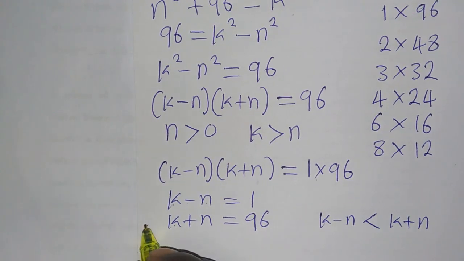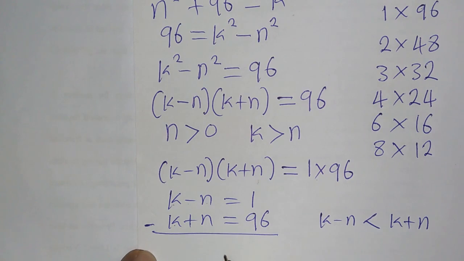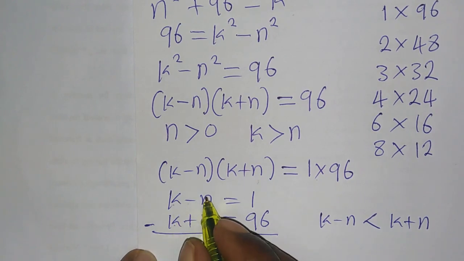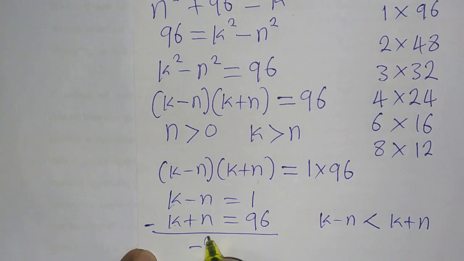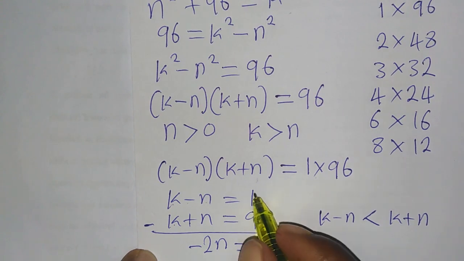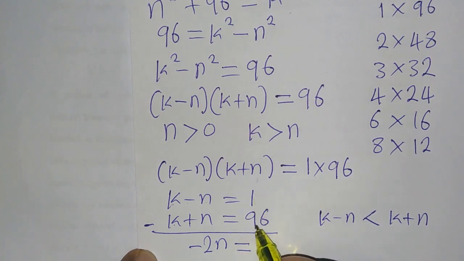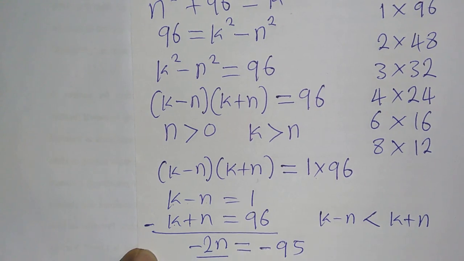Now, if we subtract the two equations, k minus k is 0, and minus n, we have minus 2n equal to 1 minus 96, we have minus 95. And we divide both sides by minus 2.